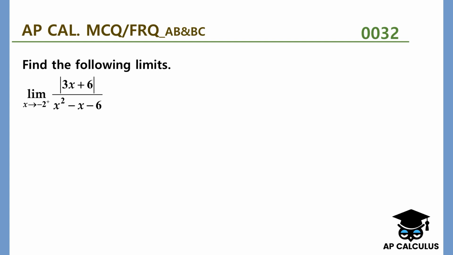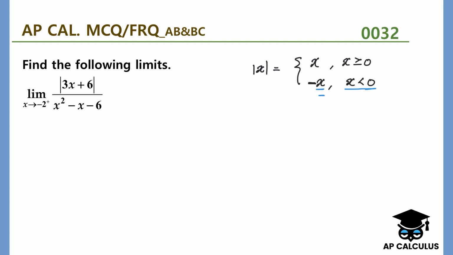Remember, the absolute value of x is equal to just x if x is greater than or equal to 0, and the absolute value of x is negative x if x is less than 0. If x is negative, this value is a negative value, so we must have a negative here so that the whole expression is positive.